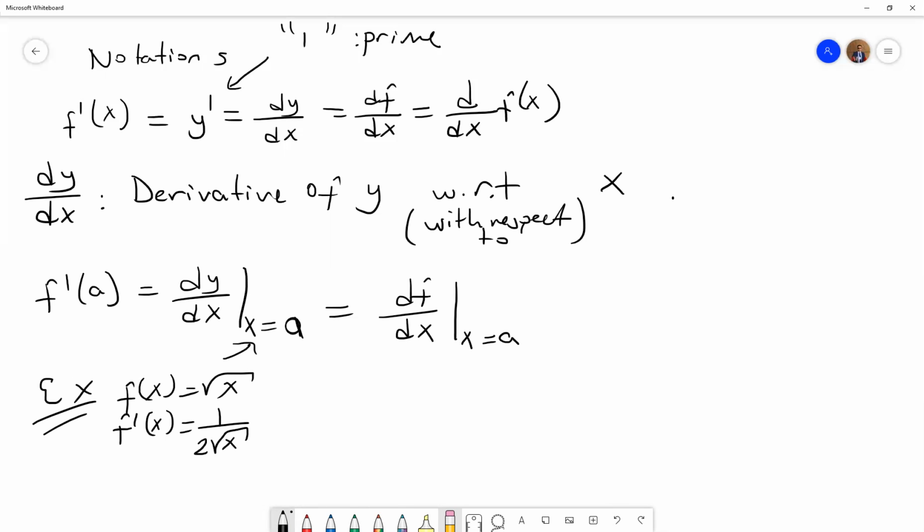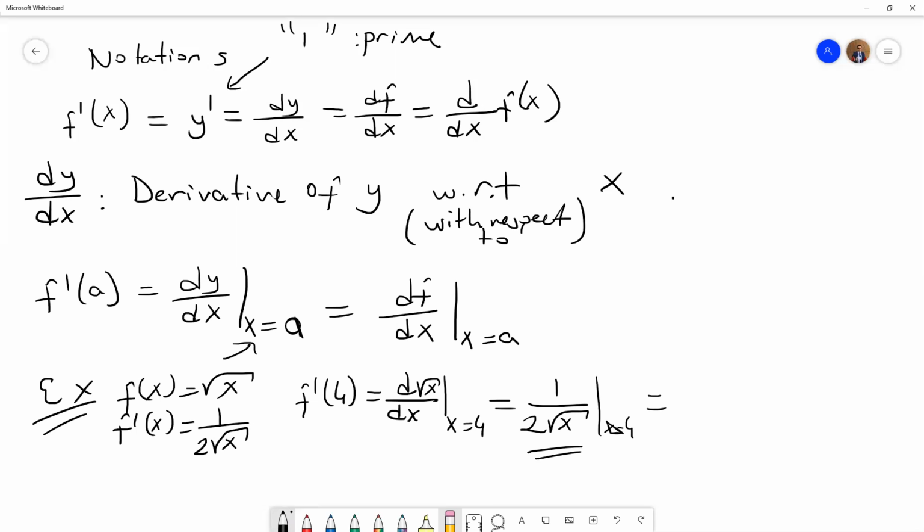So if we want to write this one, f prime 4 is equal to d over dx of our function at the point 4, and finally 1 over 2 square root x at the point 4. And if you put this 4 into the derivative of f(x), so 1 over 2 square root 4 is the answer of the question here. And it's also the slope of the line.